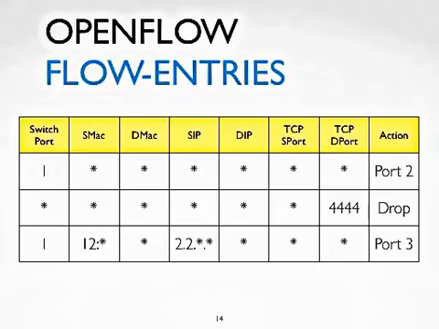But there is a problem in this flow table. What's the problem? There's a conflict between these two, so it's not that simple. When you're installing rules, you have to take care of conflicts. When a packet comes, any packet that matches this row will match that row as well.